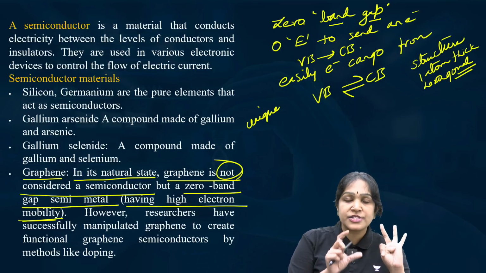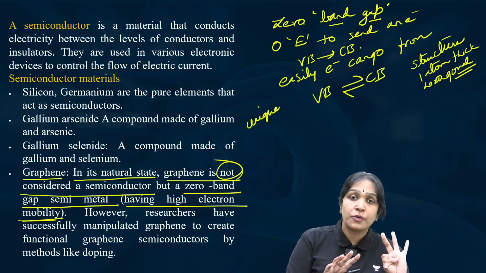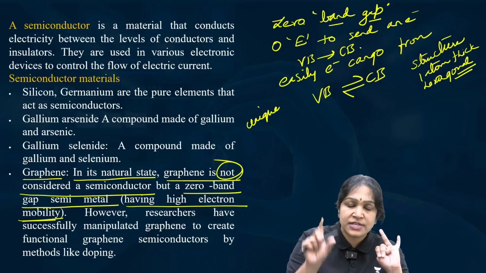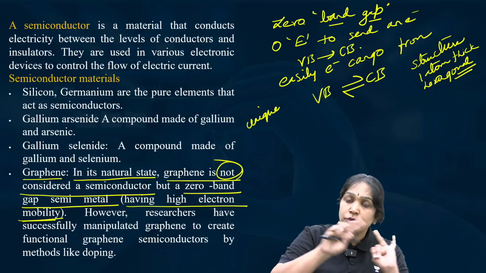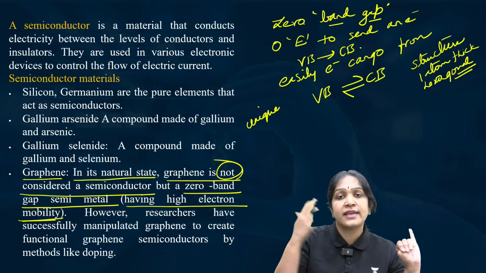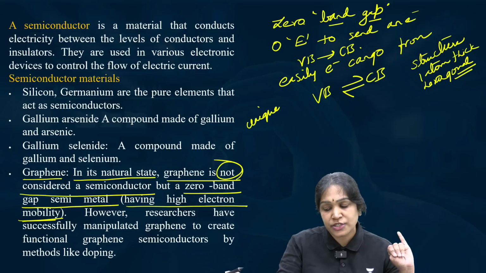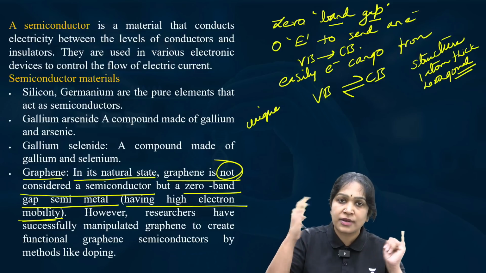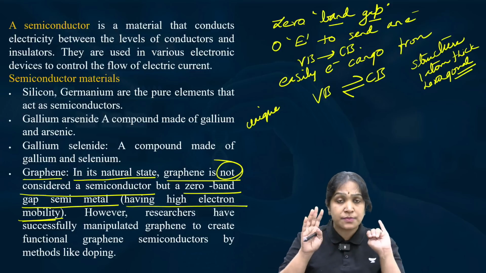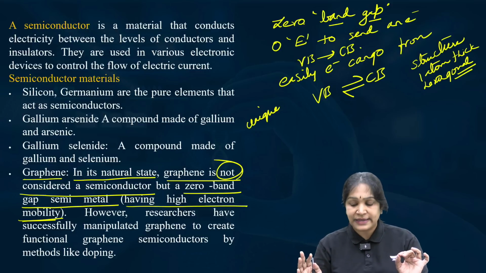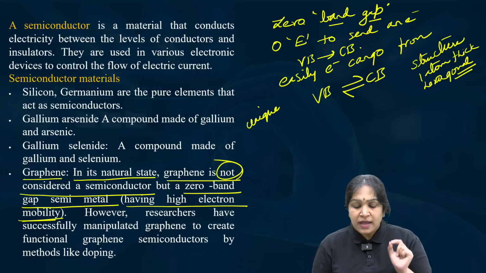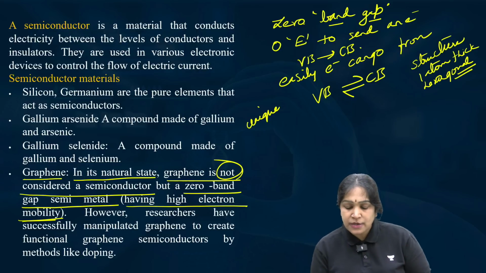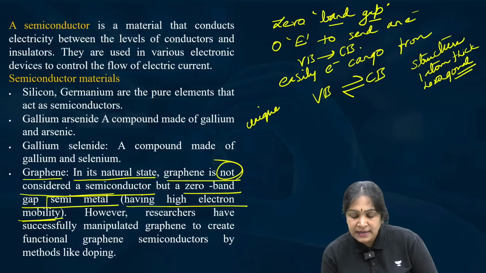The energy difference between these two levels is zero, I mean zero band gap. You do not need energy to send electrons from the valence band to the conduction band or from the conduction band to the valence band. It means there is more electron mobility. So, what is graphene? Is it a semiconductor? No. It is a zero band gap semi-metal.